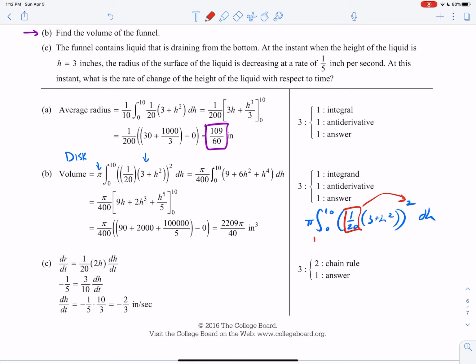So I could actually take out the 1 over 400 along with my pi on the outside. Okay, all I have left on the inside is 3 plus h squared, squared. Now this right here, you can expand. That's just 3 plus h squared times 3 plus h squared, which is 9 plus 6h squared plus h to the 4th. Okay, so again, we didn't integrate just yet.